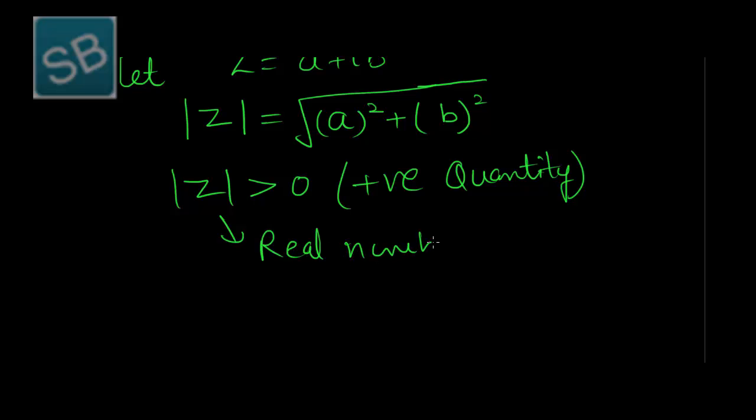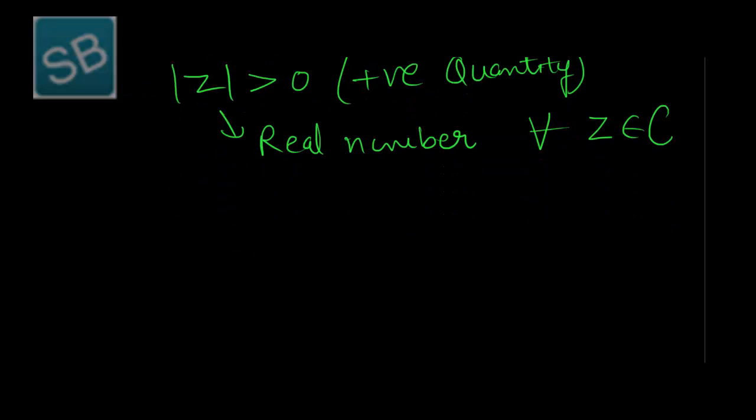There is no involvement of negativity, and this is true for all z belonging to the complex numbers. Just as we did earlier for the conjugate of a complex number, where we discussed many properties, here we will discuss many properties of modulus.